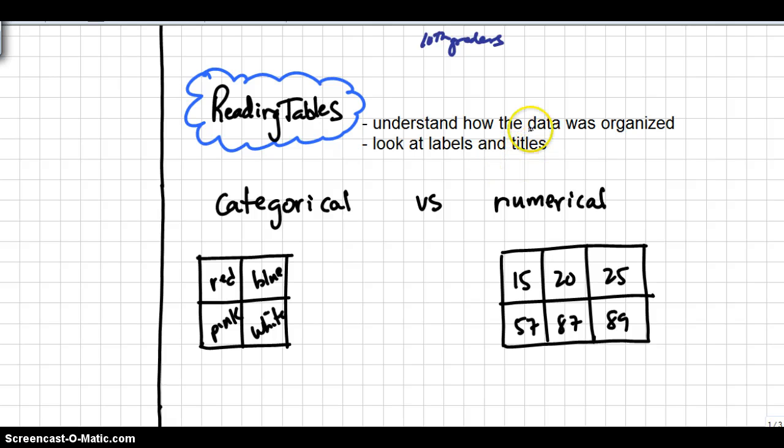Many times the title will give you key information about the data that's there, and students who skip over reading the title lose out on that information. Also make sure that you understand how the data is organized. Sometimes it's organized horizontally, sometimes vertically. Sometimes the information is numerical in nature, and sometimes it's categorical in nature. So it's always a good idea to take a moment to look at the table and just kind of analyze where it came from and how it looks.